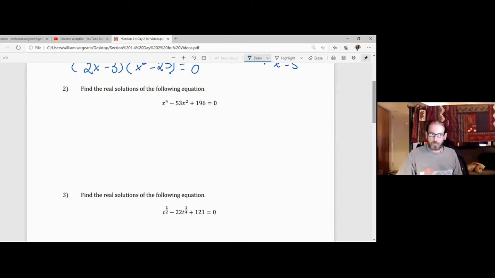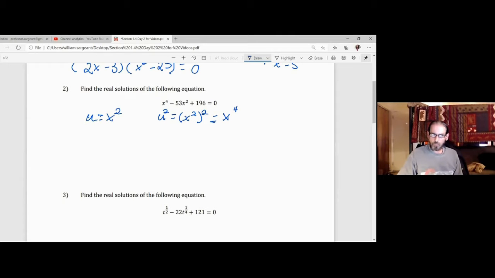In the second example, because we have x to the fourth, the highest power is 4, so this is not a quadratic equation. However, if we think of a new variable u as being x squared, then u squared is x squared squared, or x to the fourth.